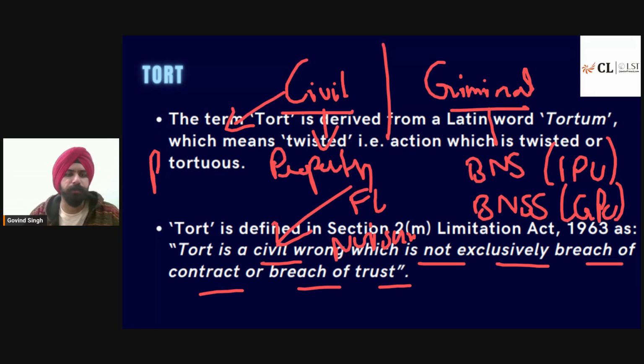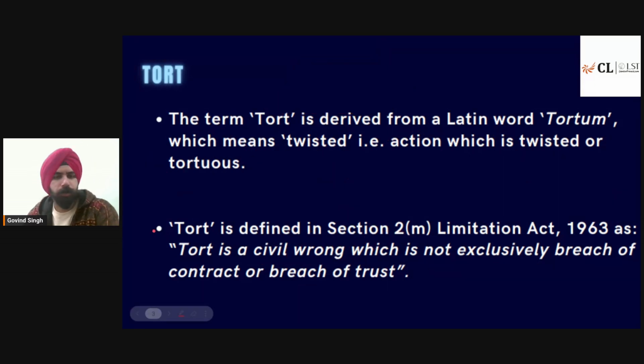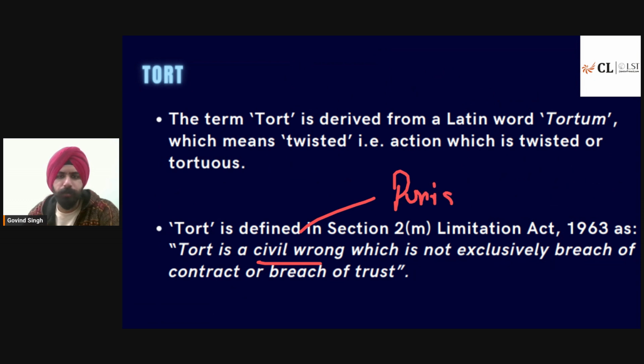You have penalties, you have damages, right? In criminal wrongs, you might have penalty or you might have imprisonment or punishment, or you might even have both. Okay. So tort is a civil wrong. What does that tell you? That there is no punishment in tort. Okay, which is not exclusively breach of contract.